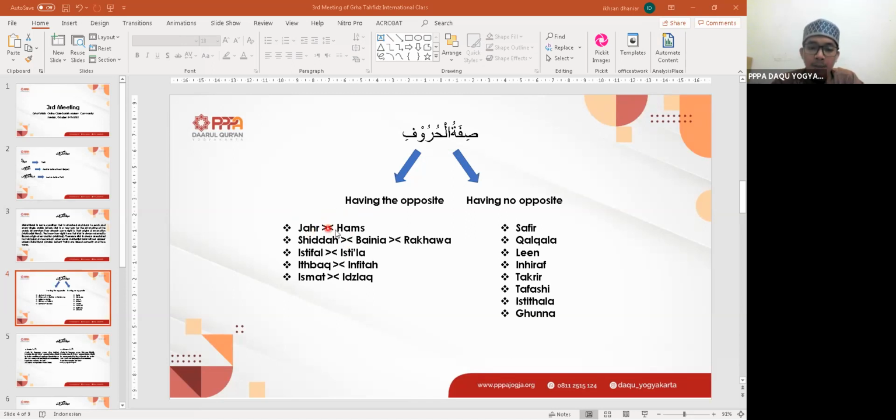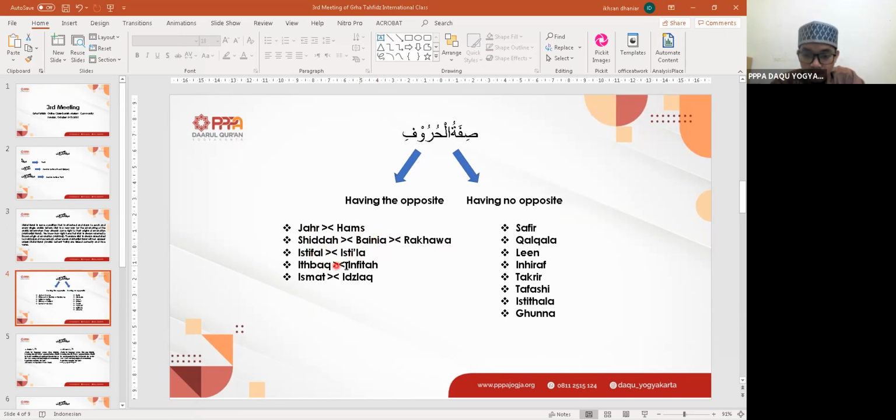Jahr opposes hamas, shiddah opposes bainiya and rakhawa. So bainiya is in the middle. Shiddah opposes the bainiya. Rakhawa opposes the bainiya. Istifal opposes isti'la.